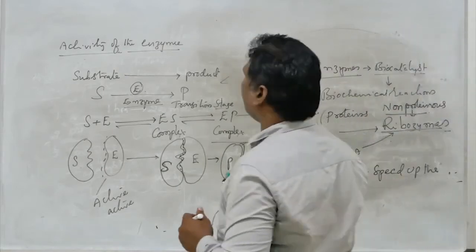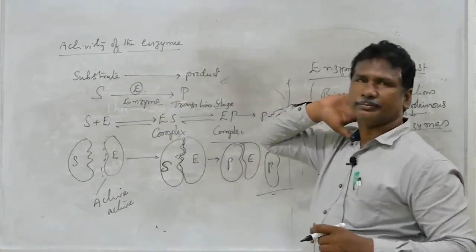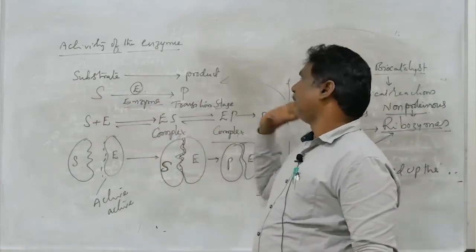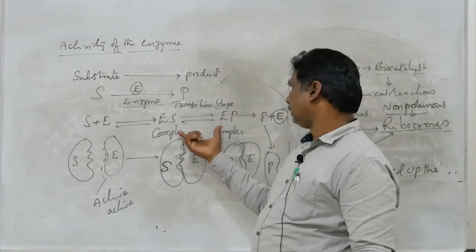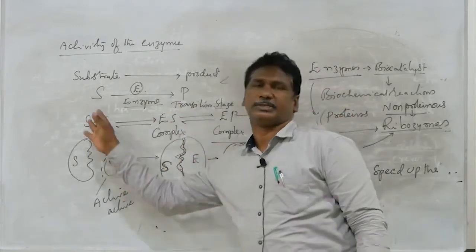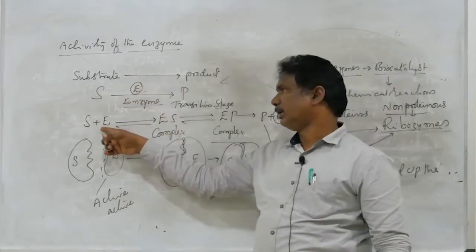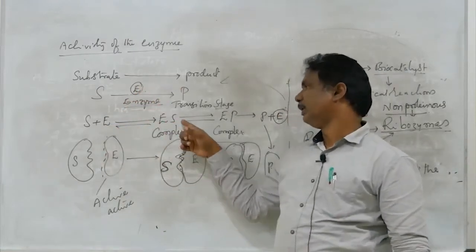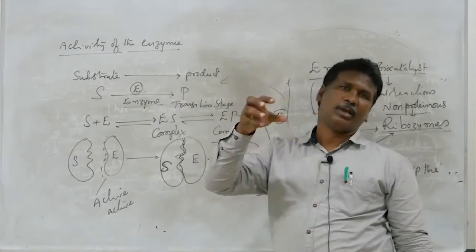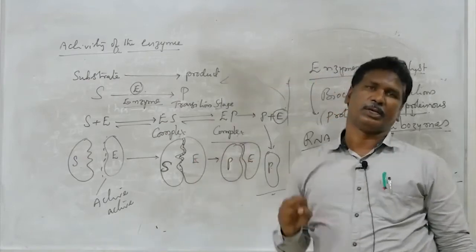So this is the activity of an enzyme. S means substrate, P means product, and the intermediate compounds are the transition state. During this stage, the substrate combines with the enzyme to form the enzyme substrate complex, when the active sites of the enzyme attach to the substrate molecule.